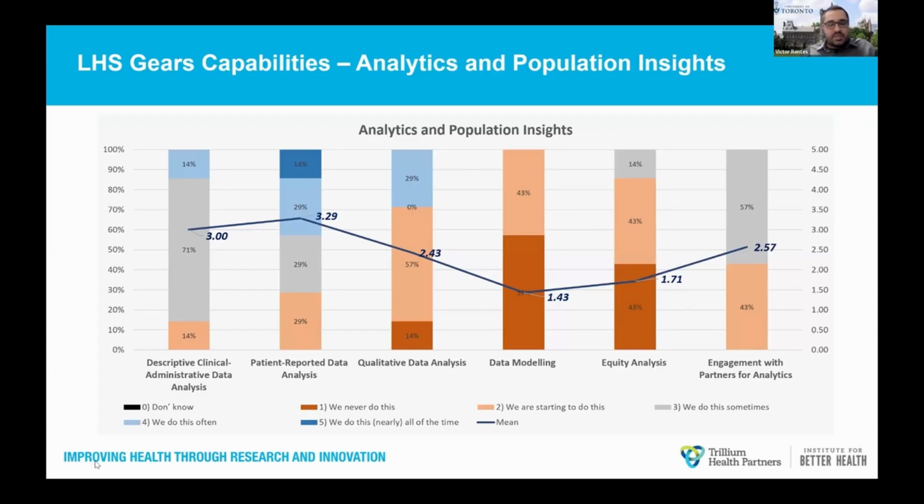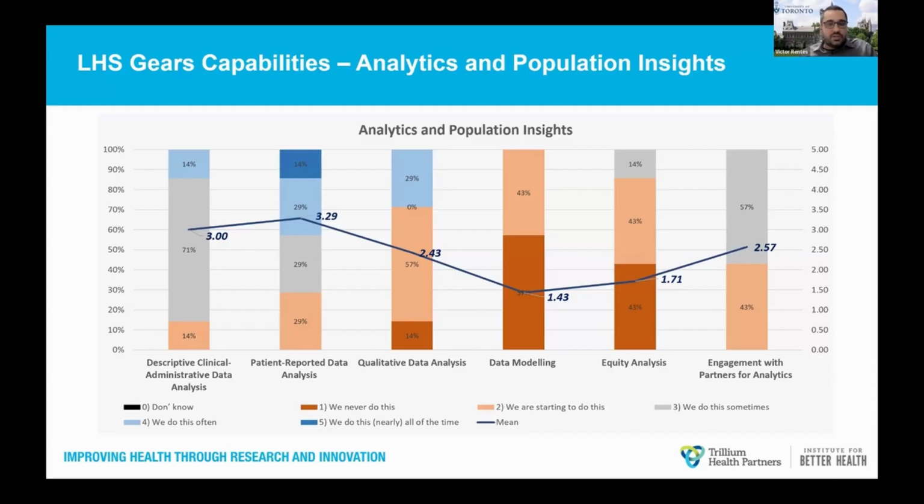Data modeling, that pertains to predictive analytics and machine learning. And so a little bit more advanced techniques in data analysis. Then equity analysis, whether or not we're systematically identifying inequities through our data, and then engaging with partners across these analytic activities.